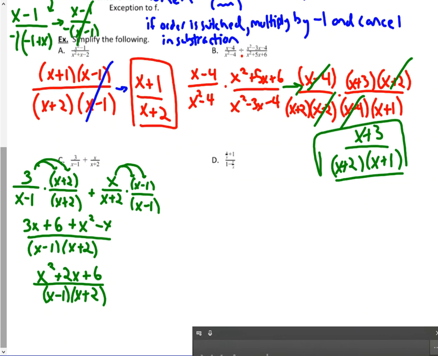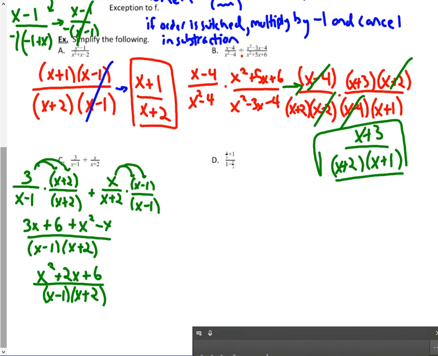The reason why I distributed the numerator and not the denominator is because ultimately we still have to add everything in that numerator to get a new trinomial expression here, which turns out to be x squared plus 2x plus 6 when you combine those like terms.